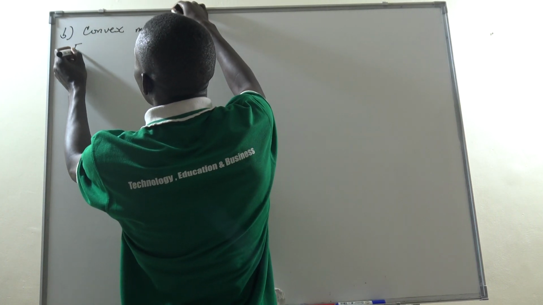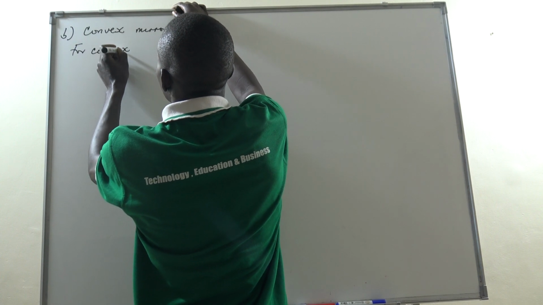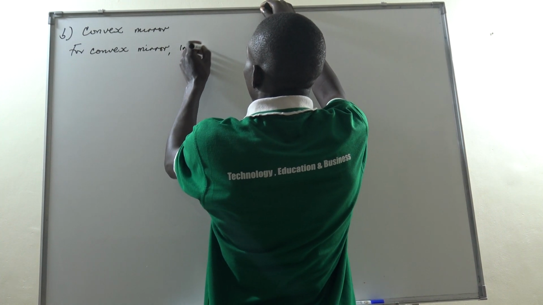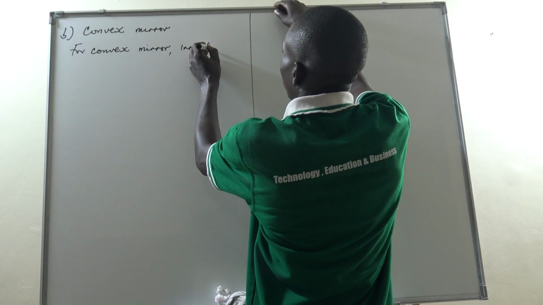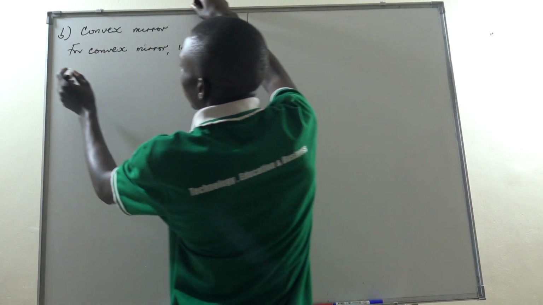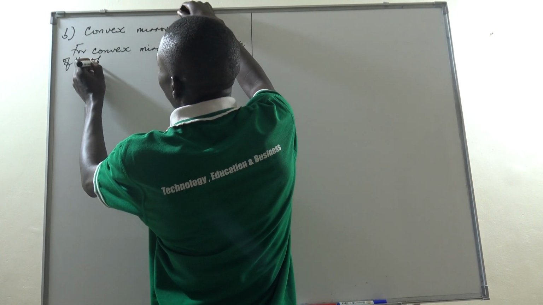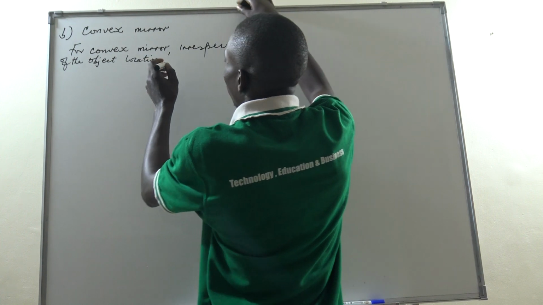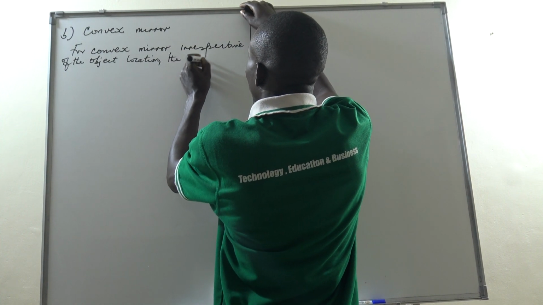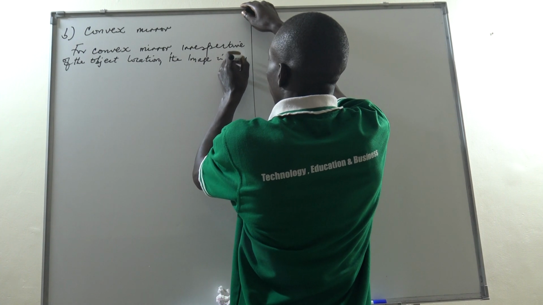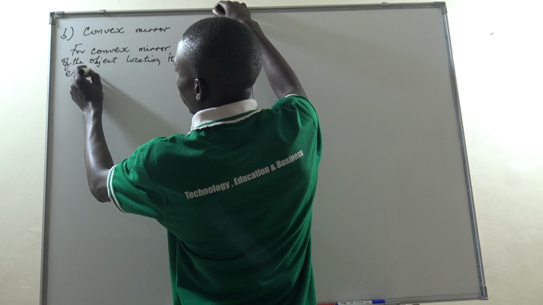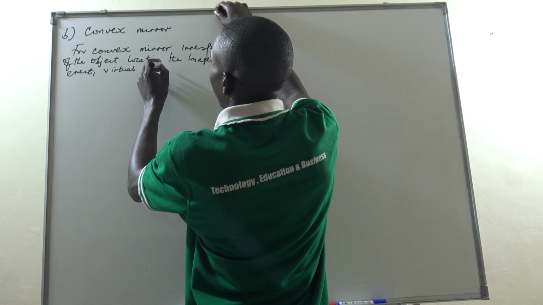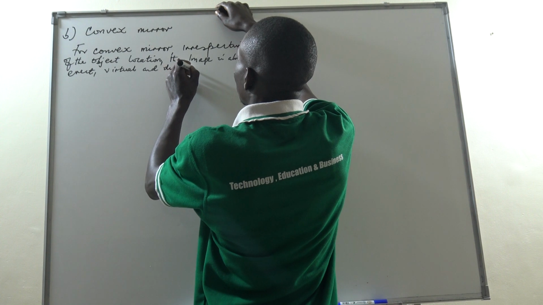So we are saying that for a convex mirror, irrespective of the object location, the image is always erect, virtual, and diminished.